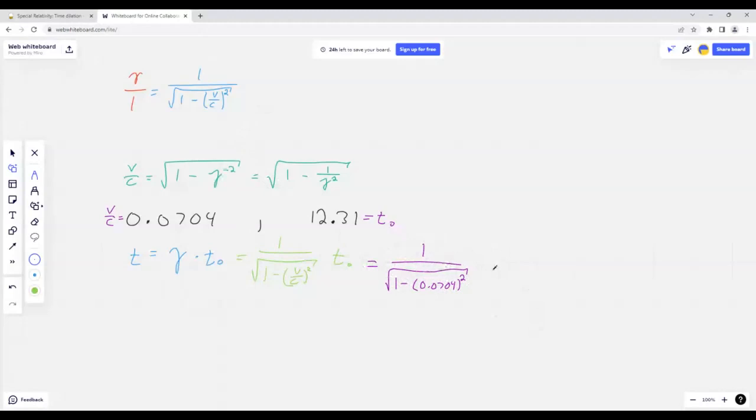And then whatever gamma factor that makes, it's going to multiply by, so I'm going to put big parentheses to show that it multiplies by 12.31 seconds. So somebody inside the spaceship would feel like 12.31 seconds have passed, but somebody outside the spaceship is going to feel a different amount of time in this formula. So let us see how much.